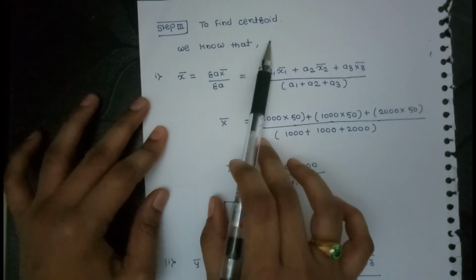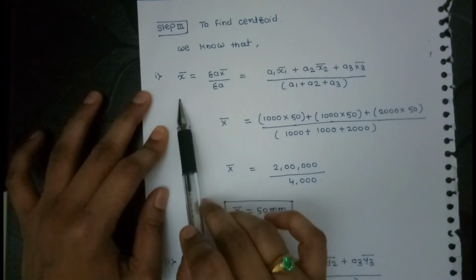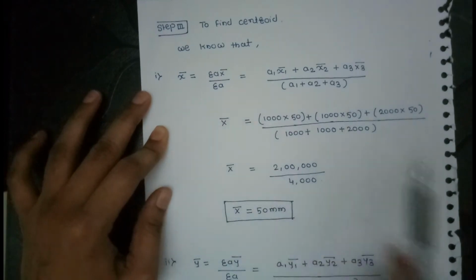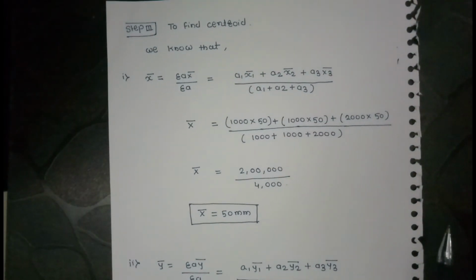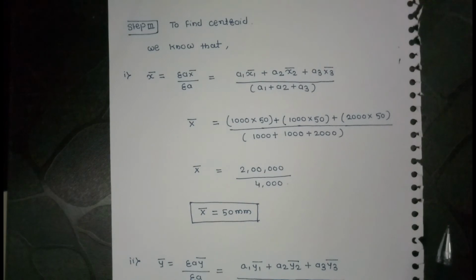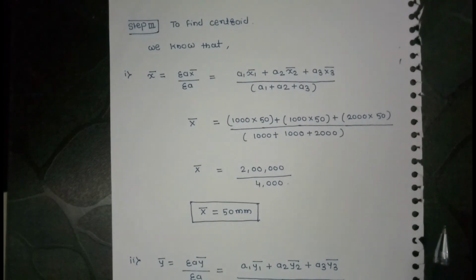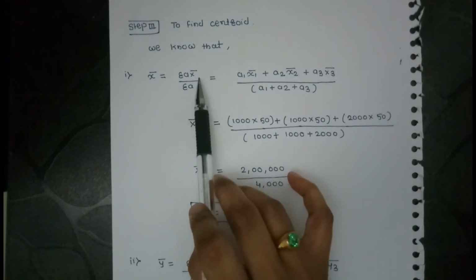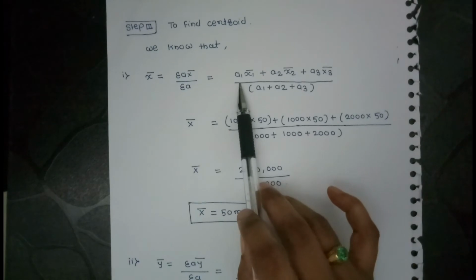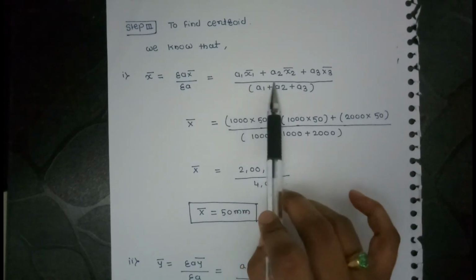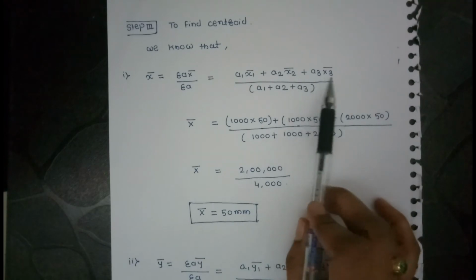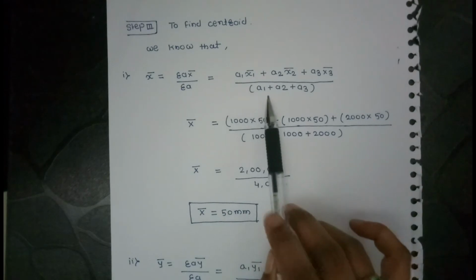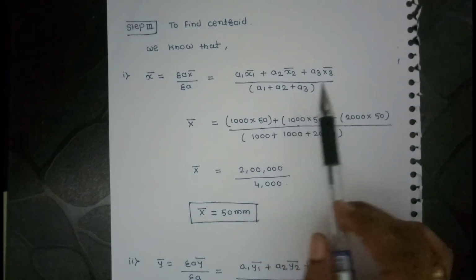To find centroid, we know that x bar is equal to summation a x bar divided by summation a. So summation a x bar means algebraic sum of area of section and centroid of section. So a1 x1 bar plus a2 x2 bar plus a3 x3 bar divided by summation a, means algebraic sum of all the areas a1 plus a2 plus a3.